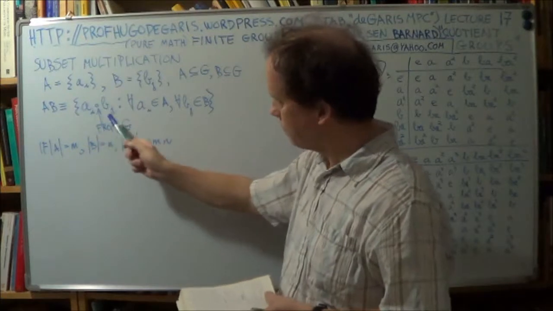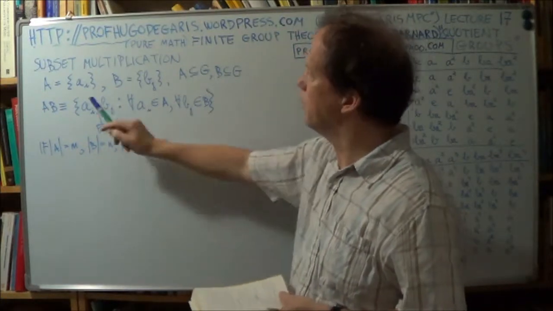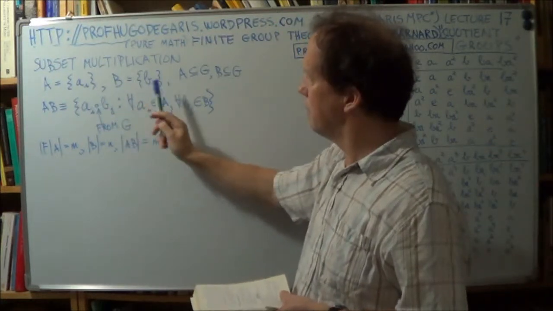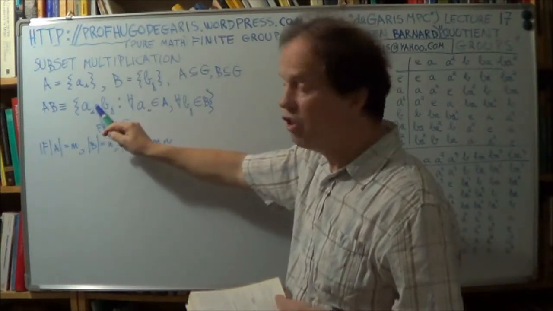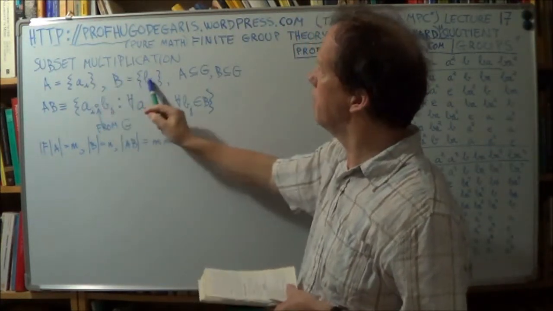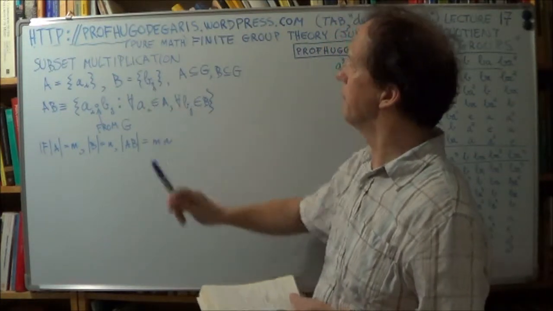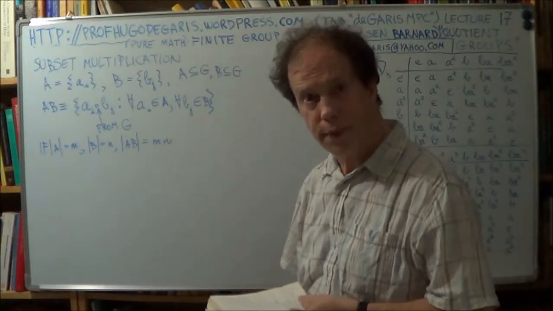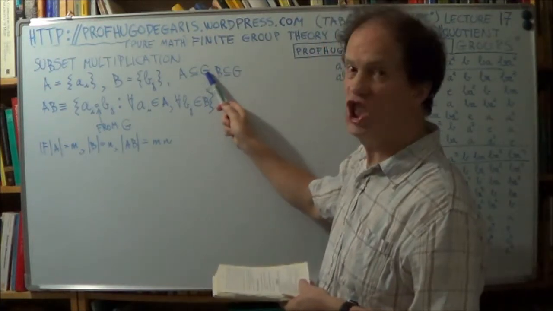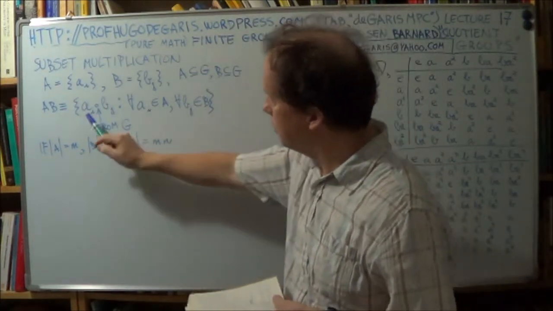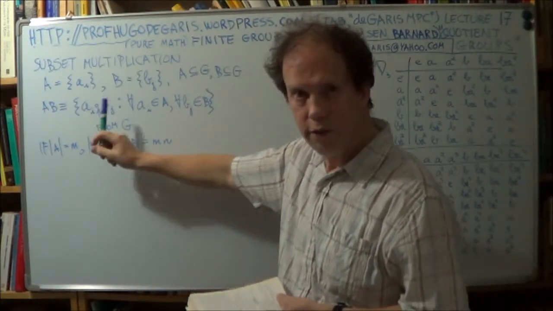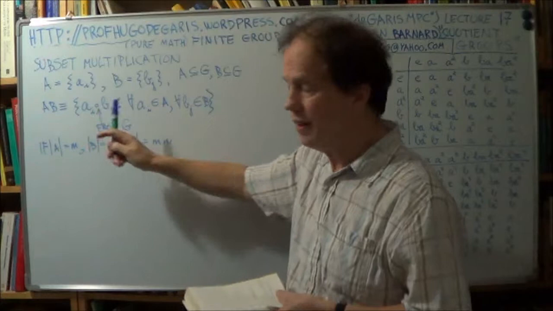Now, what's going on here? Well, you take a member of your first subset and binary operate on it with a member of your second subset. Now remember, these elements here are members of some group G. Okay, so this ordered pair, if you like, is a kind of product.